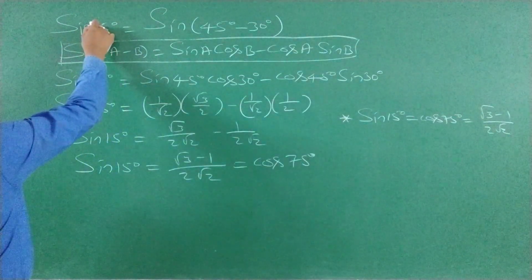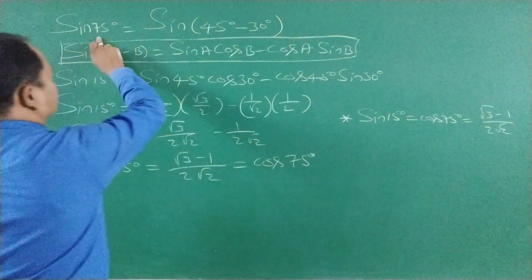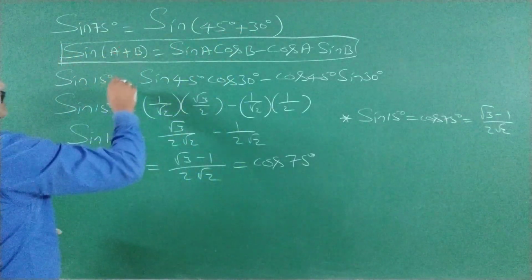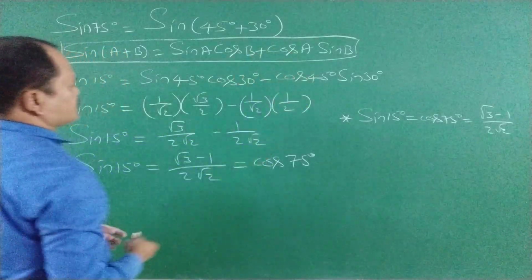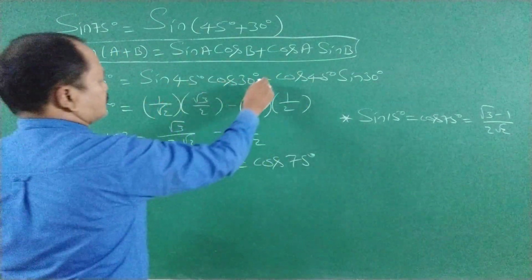Sin 75 degrees. Here 75 is 45 plus 30, so we use the sin(A plus B) formula: sin A cos B plus cos A sin B. Here it is plus.